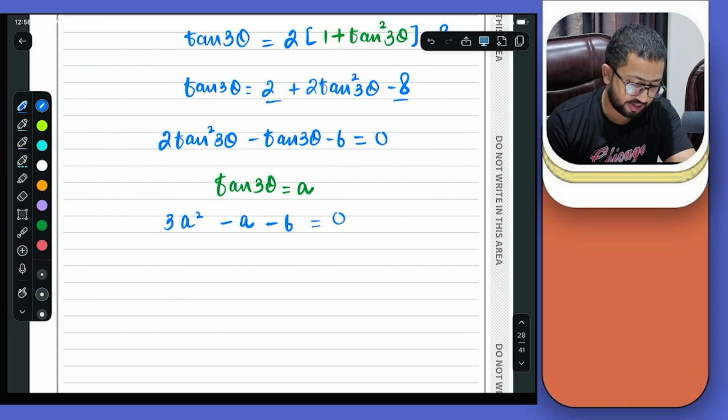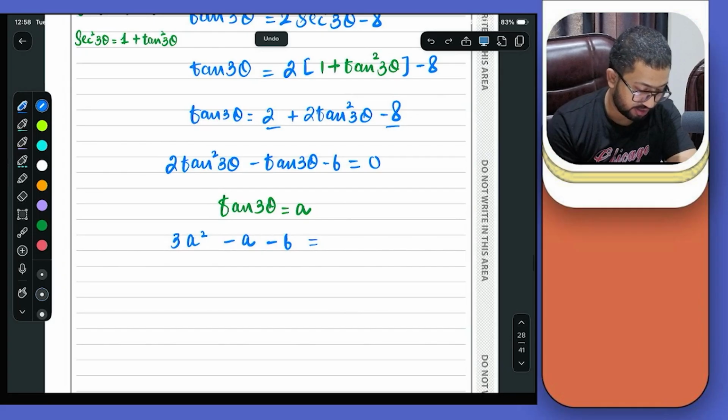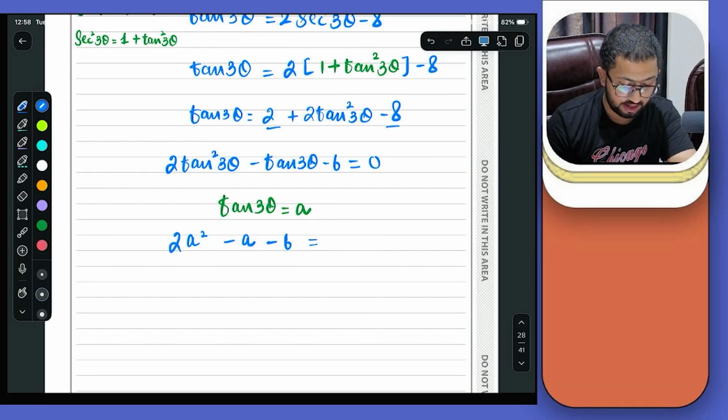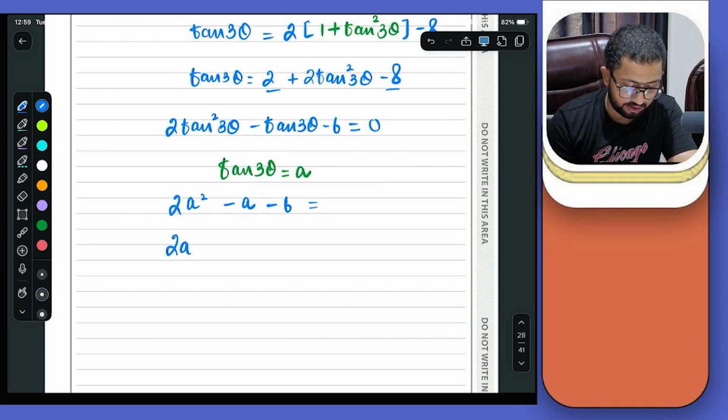Can it be factorized or not? I want to get 18. I think not possible. Sorry, it's not 3a, it's my mistake. It is 2a square. I want to get 12. I think that is possible. So 2a square minus 4a plus 3.